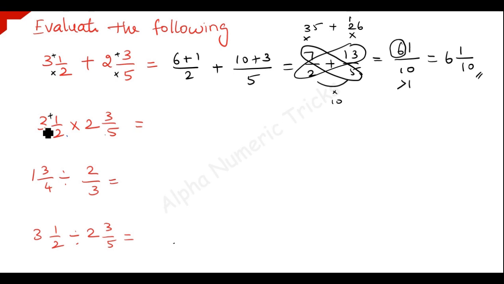So 3 times 2 is 6, 6 plus 1 is 7, 7 over 2 times, here 2 times 5 is 10, 10 plus 3 is 13, 13 over 5, which is equal to 13 times 7 is 91 over 2 times 5 is 10, and again you have to write this 9 here, and 1 over 10.